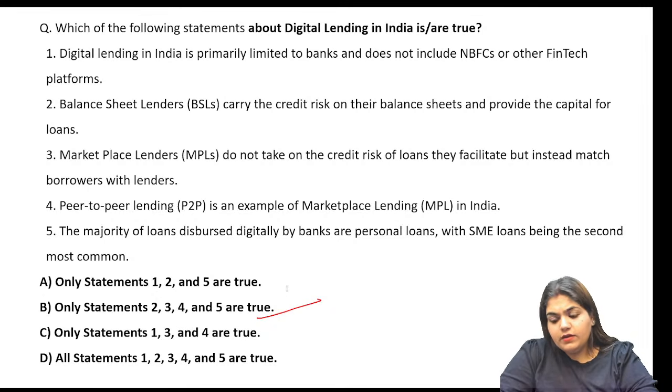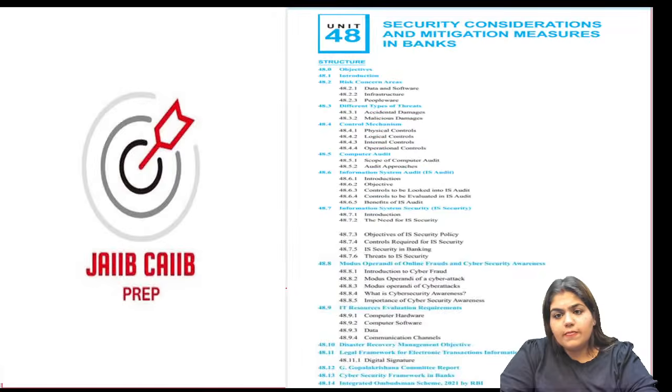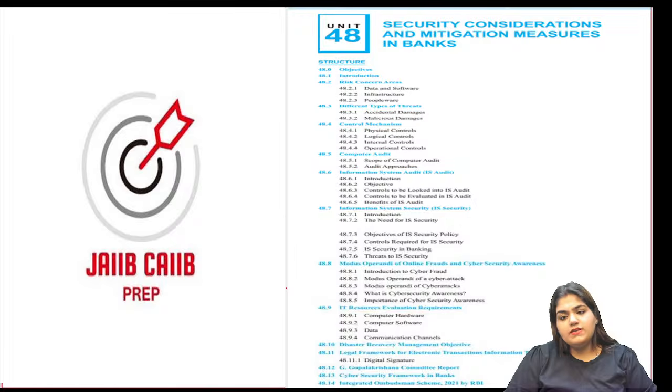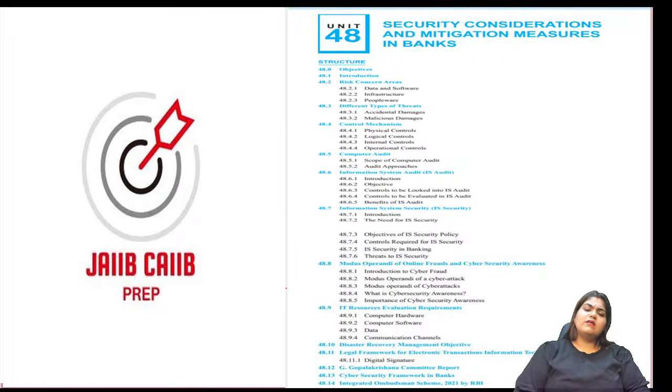Right? Next question. Okay, next we have is unit 48. This talks about security. When I told you about 46, it was RTGS, IMPS, UPI, etc. You do that on a daily basis. 47 was logical. It was nothing to mug up. It was logic that you were using. 48: security considerations and mitigation measures in banks.